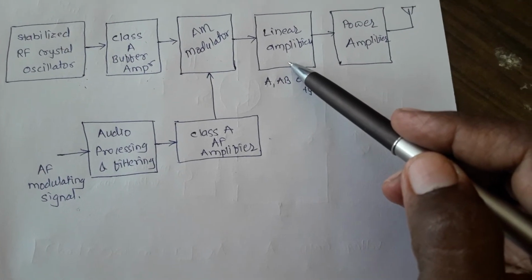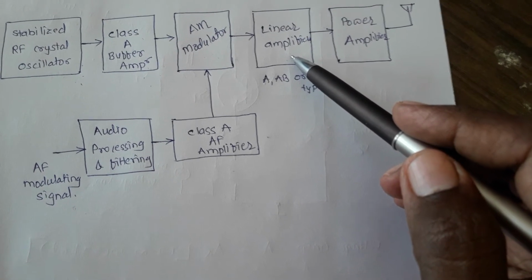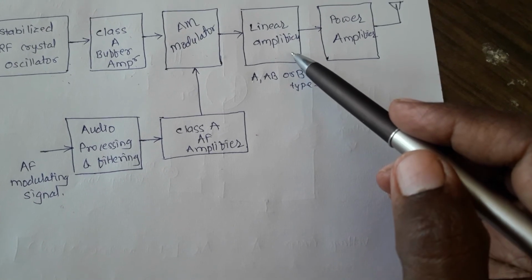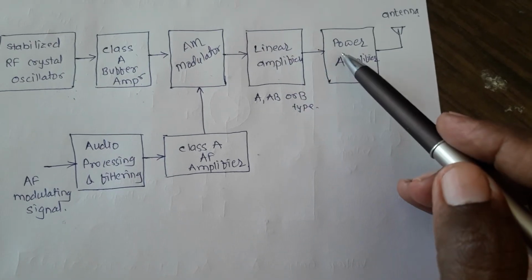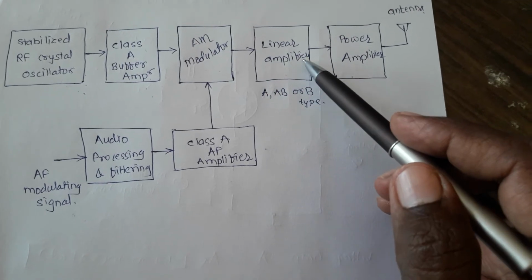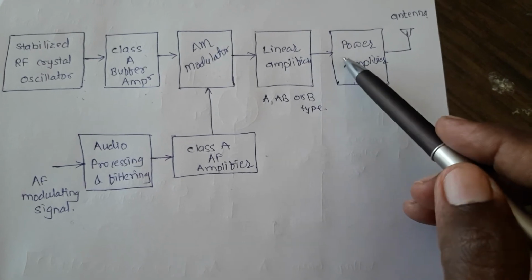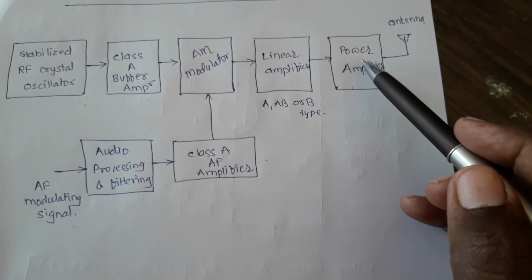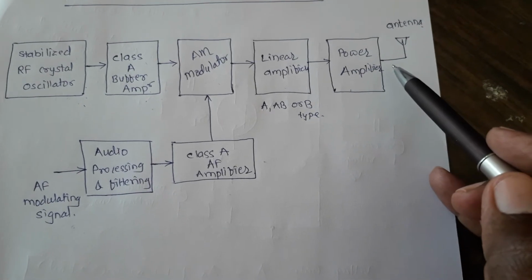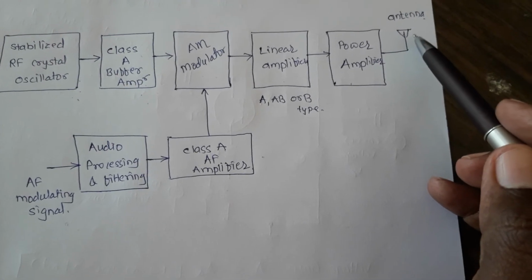The function of the linear amplifier is to avoid waveform distortion in the AM wave, and also to amplify the signal so as to raise the power level to one sustainable by your power amplifier. Step by step we are increasing the voltage level so that it can be given to the power amplifier as input. The power amplifier amplifies this amplitude modulated signal, and the power amplified signal is given to the antenna, and through the antenna the signal gets transmitted.